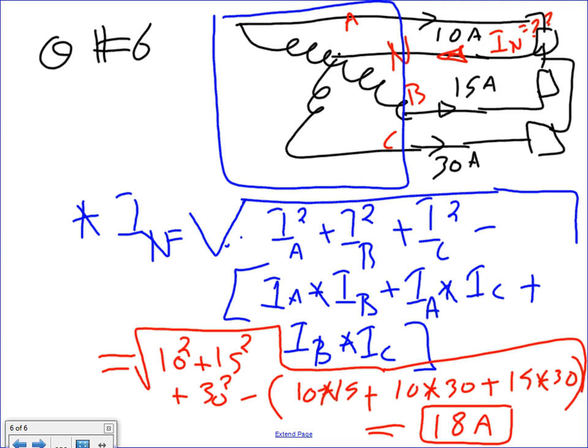Let me know when you're done and you came up with the same answer. The key point, guys, is to square these and add them all up, then multiply this side, add it, and subtract it from the sum of the squares.